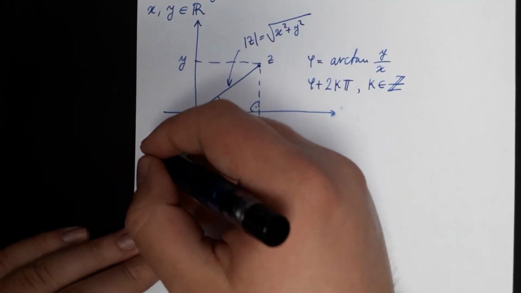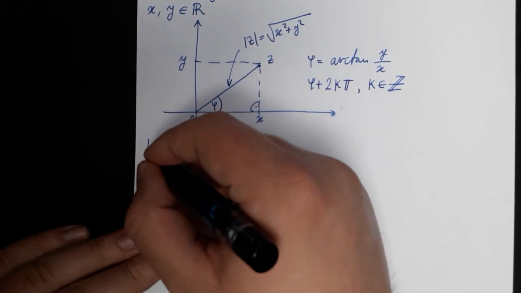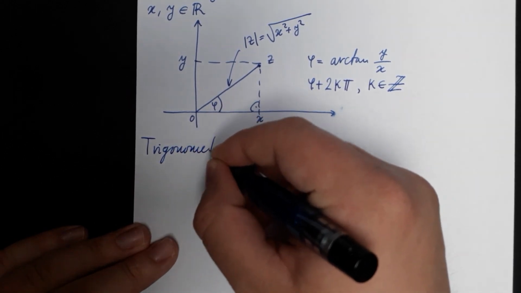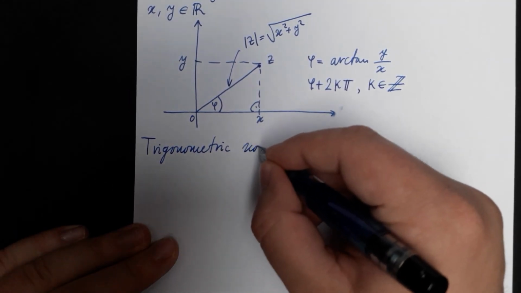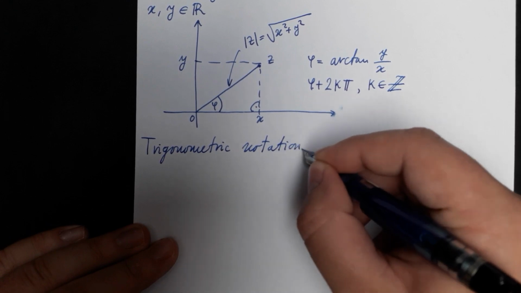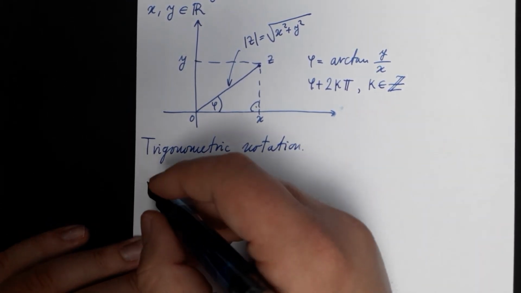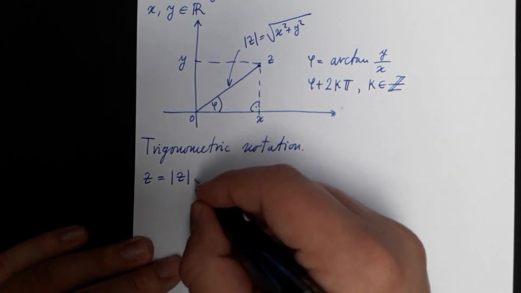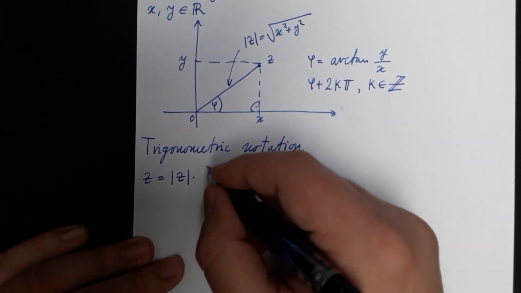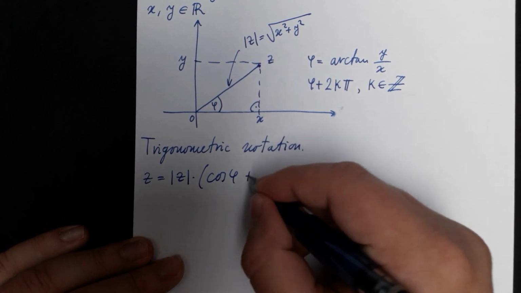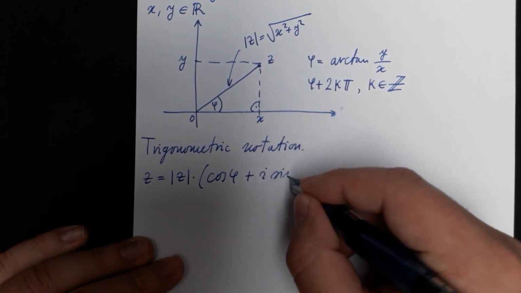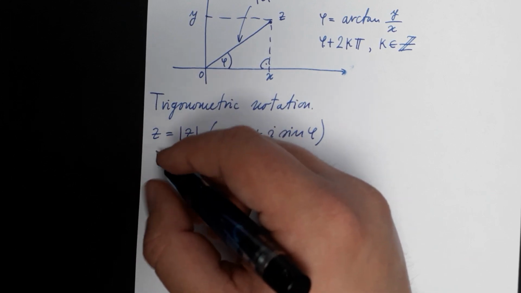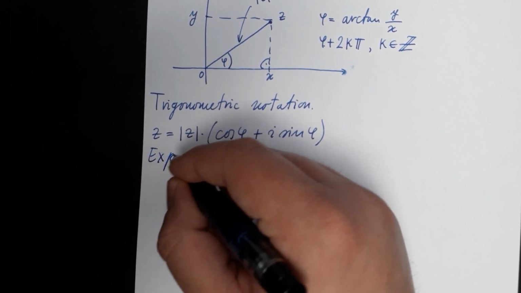Now that leads us to a trigonometric notation of a complex number. Basically a trigonometric notation looks like this. We can take number z and write it in the form of module of z times cosine of phi plus i sine of phi. And that leads us ultimately to an exponential notation.